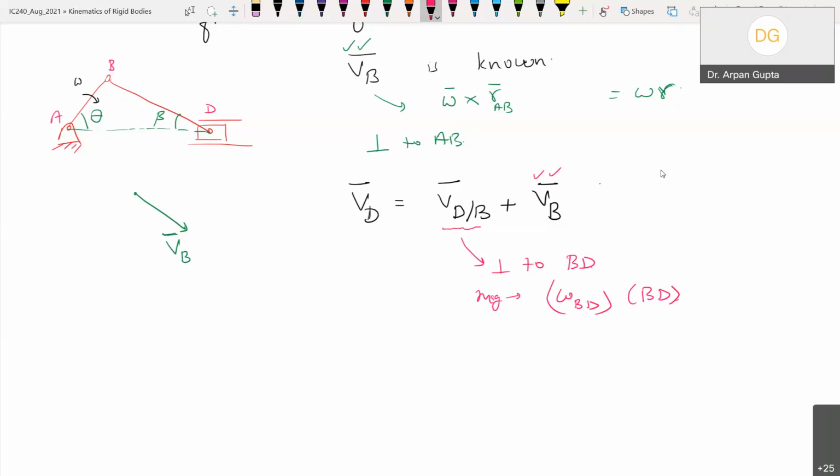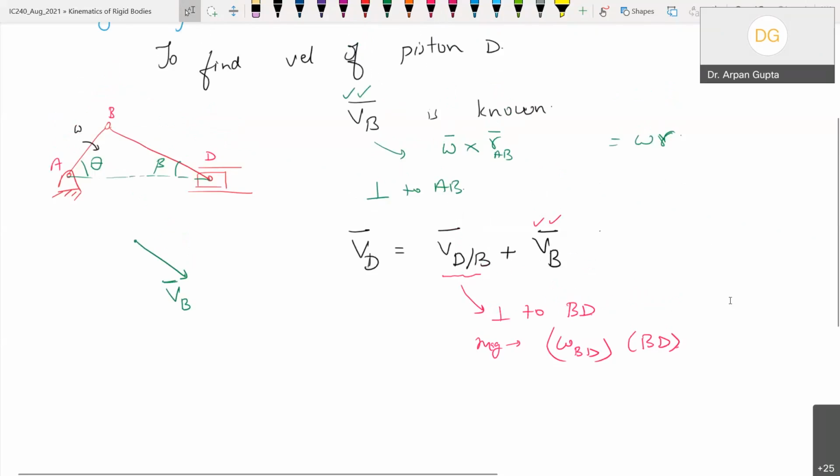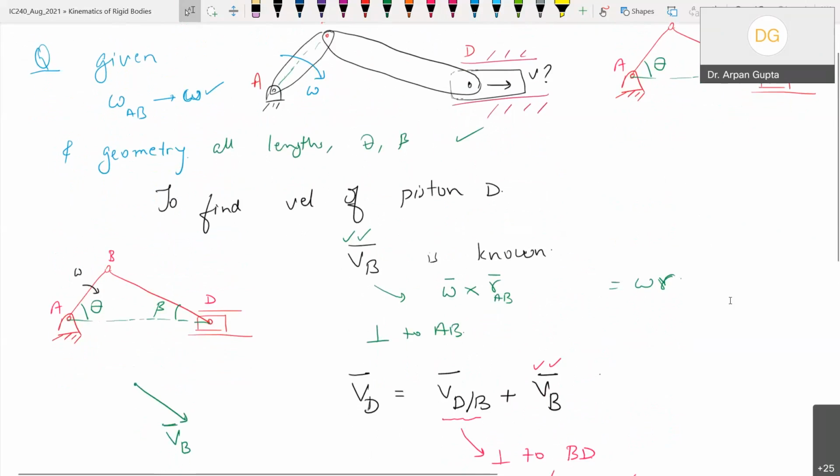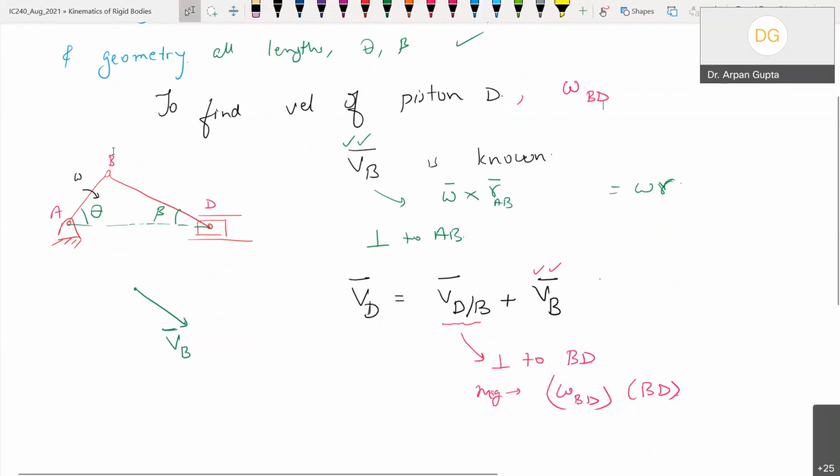That's the magnitude, omega r, right? The length here is BD, and this rigid body BD rotates with an angular velocity omega BD, which we do not know. In fact, that is another thing that we want to find. So we want to find the velocity of the piston, and let's say we also want to find the omega of this connecting rod BD.